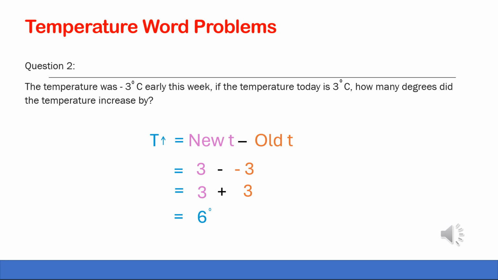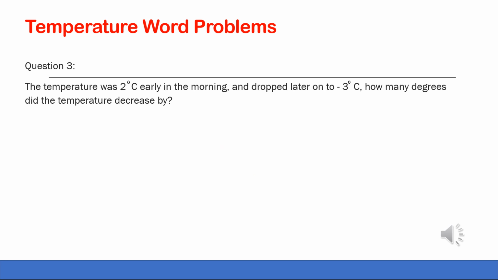Replacing the equation with numbers, my new temperature equals 3 degrees, take away my old temperature equals -3 degrees. In this question, again, we've got two minuses together. This means we convert them into plus. This equals 3 plus 3, which means my temperature has increased by 6 degrees.